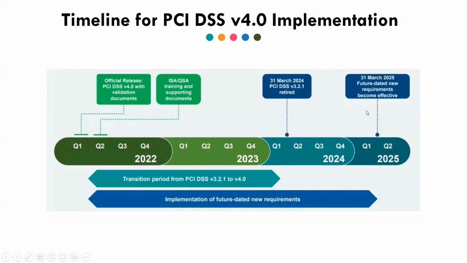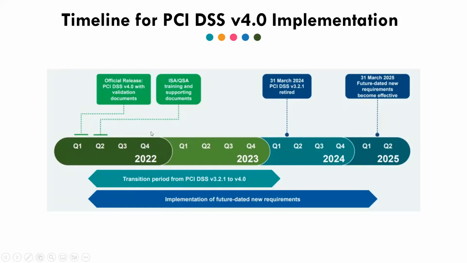Okay, so now organizations, we are in the first quarter of 2023, have from this first quarter to almost the middle of the first and second quarter next year to make sure that they are transitioning and switching to version 4.